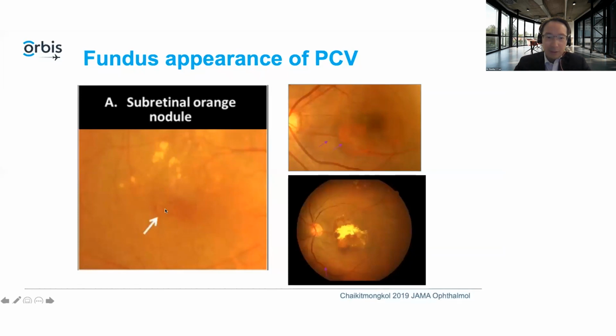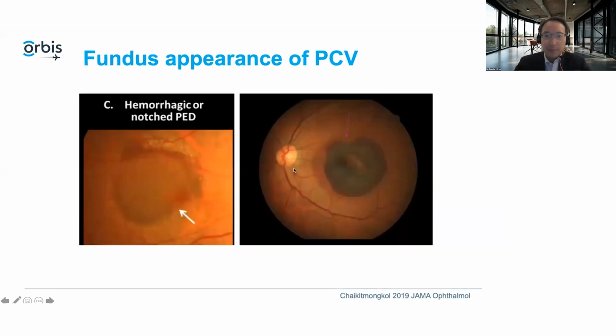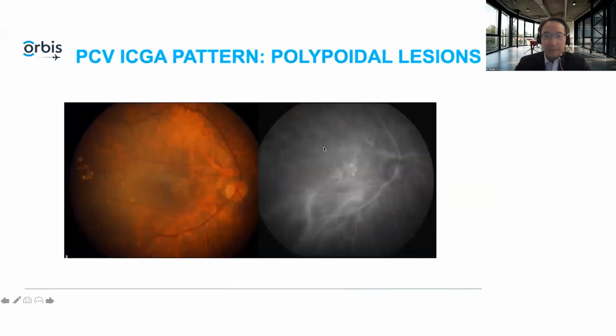Here you can see the orange polyp and the polypoidal lesions as orange nodules on the color fundus photographs. You also sometimes get massive subretinal hemorrhage greater than 4 disc areas, and also hemorrhagic PED, and there is usually also a notch in this hemorrhagic PED.